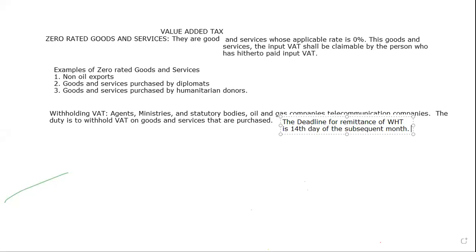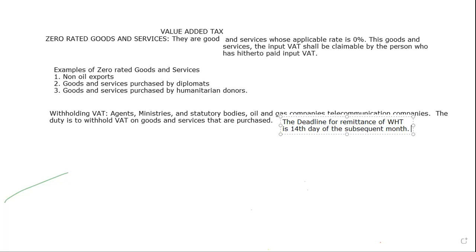What I'm saying about withholding VAT is that at every point in time, you will be required, as a withholding VAT agent, to make sure that all government monies are properly remitted. Are you with me? What happens is that the government themselves appoint some persons.